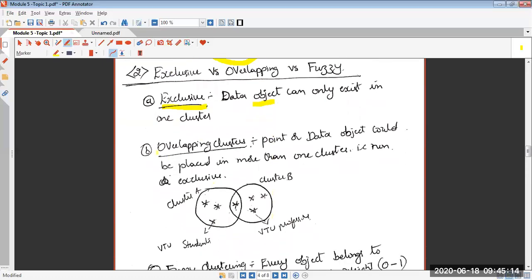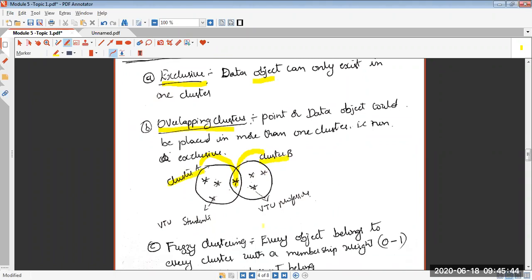Now, overlapping cluster. What do you mean by overlapping? The overlapping means, as I already told you previously, you will have a data object. You can see this asterisk, it is belonging to both cluster A and cluster B. So if you have data objects which belong to multiple clusters, that can be considered as overlapping clusters. I've given a small simple example.